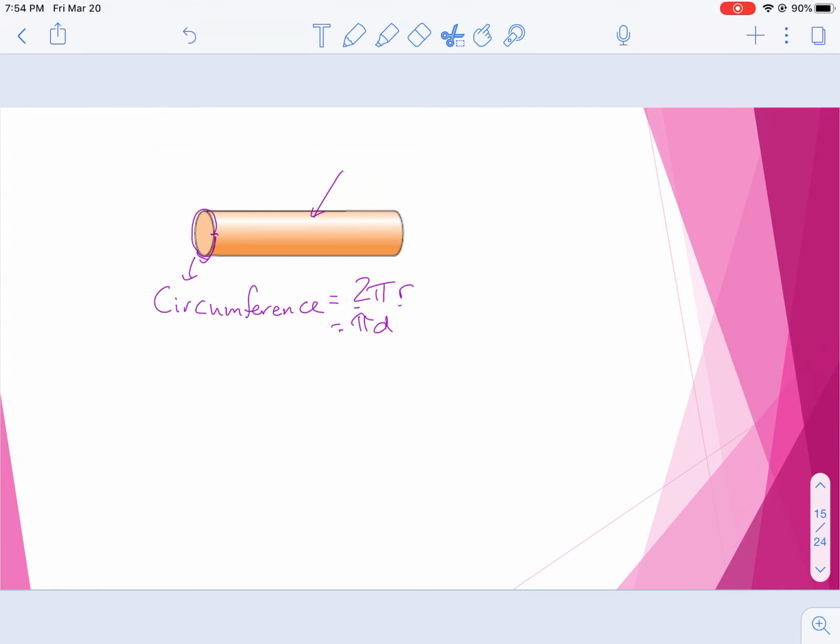Let's say this was a different problem, and let's just say it told us that this distance was 10. We'll call it millimeters. And it said, what's the surface area?